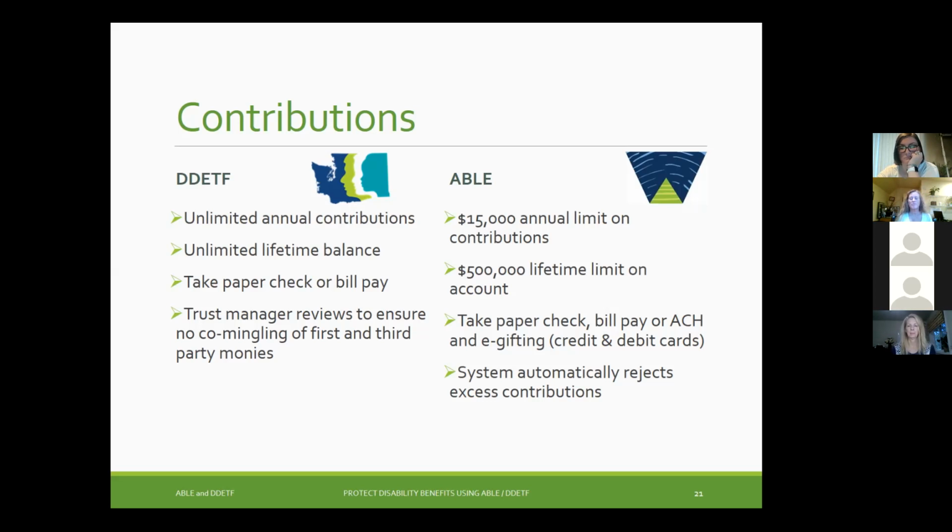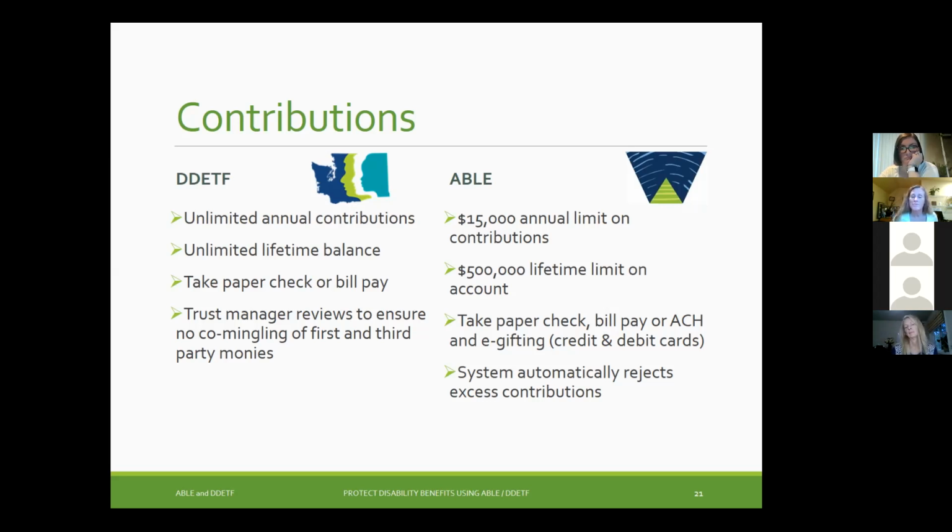Unless the person is working and is eligible for ABLE to Work, they can contribute more. If the person is receiving SSI, they can have up to $100,000 in their account. If they're not receiving SSI, that goes up to $500,000.